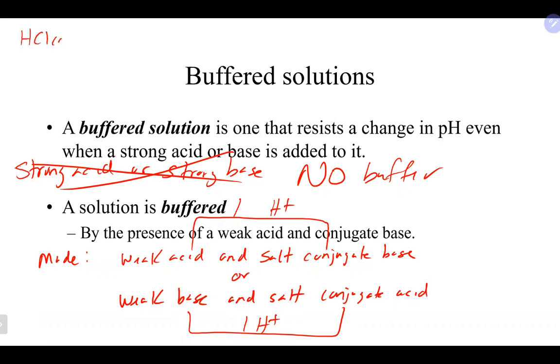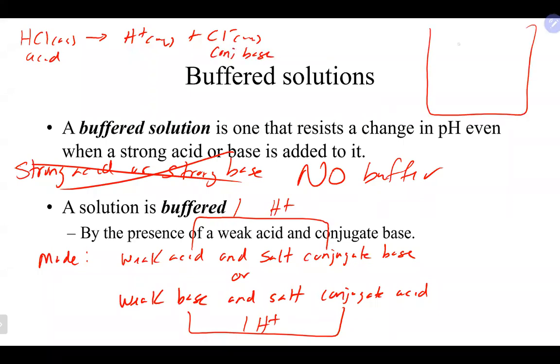For example, if we had HCl in solution, it will break apart into H plus and Cl minus. This is my acid, this is my conjugate base, which means in solution the only thing I have floating around is H plus and Cl minus. I have none of the HCl in solution, which means the only thing I really have in solution is a base, which is not really good for how a buffer works.